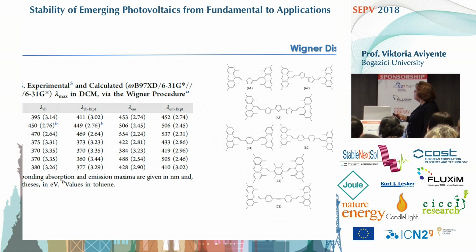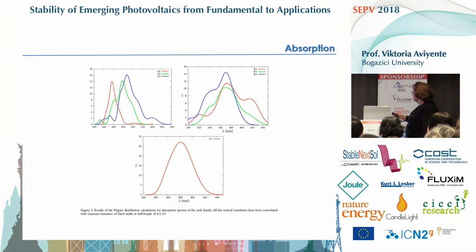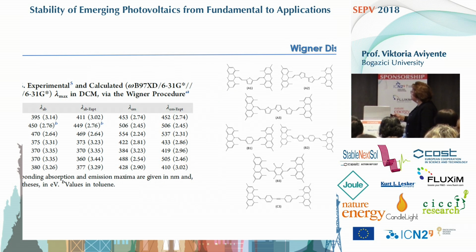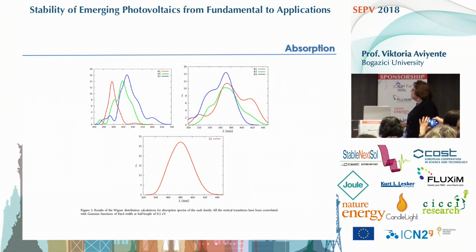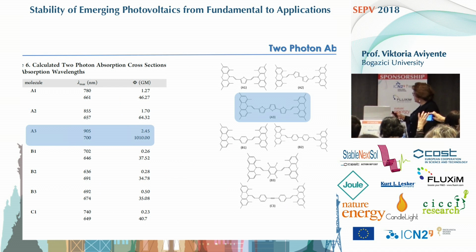I skipped the benchmarks, but I just want to tell you that we did benchmarks which gave us excellent results compared with the literature. The main point is that we found that one of these polymers had a very high cross-section, telling us that it could be used for two-photon absorption.